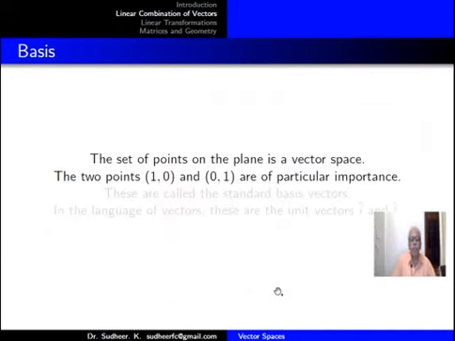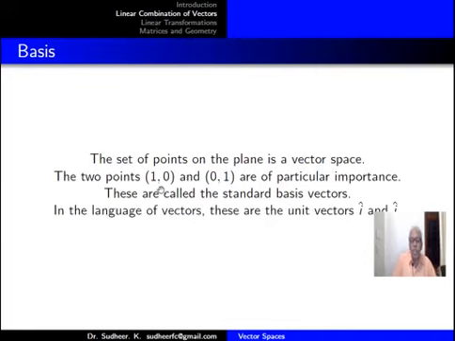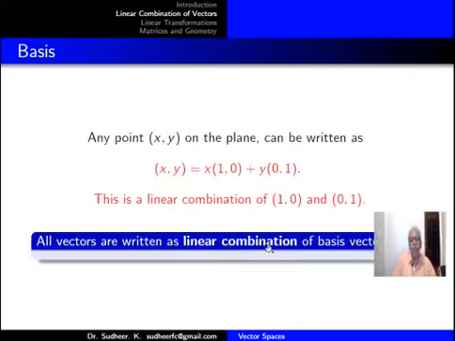The set of points on the real plane is a vector space. Already we have remarked. So because the importance of i and j you have already seen, the 2 points (1, 0) and (0, 1) are of particular importance in the set of points on the real plane. And these 2 points are called the standard basis vectors. In the language of vectors, these are the unit vectors i and j.